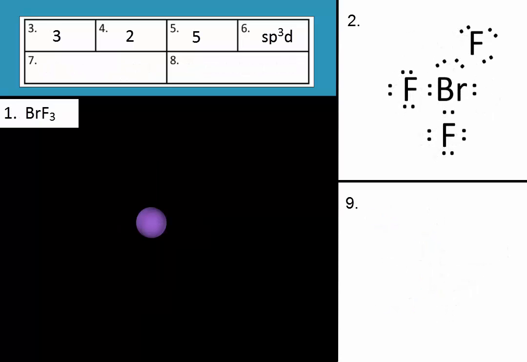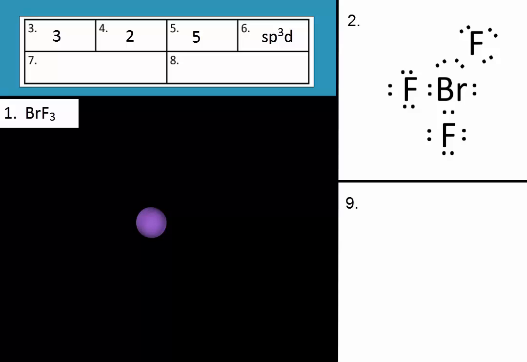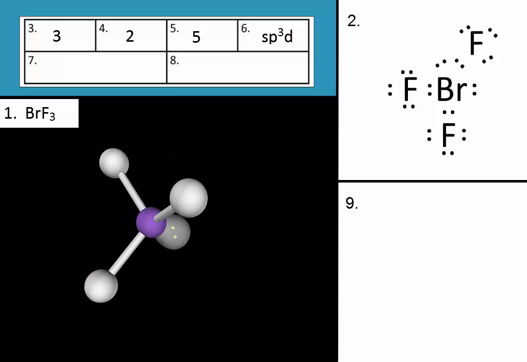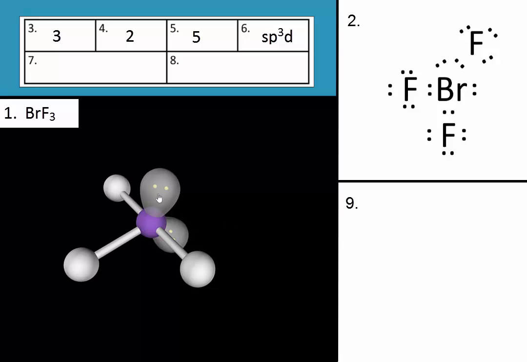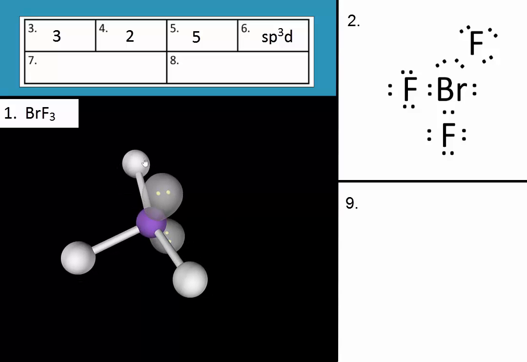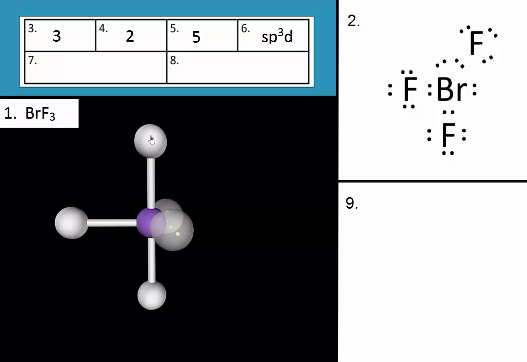Going on to our next example, the BrF3, it has 2 lone pairs, which should tell you already that its electronic arrangement name will be different from its molecular geometry name. Its hybridization is sp3d, like our previous example, which therefore matches with an electronic arrangement shape of trigonal bipyramidal, as you see in our 3D representation here.